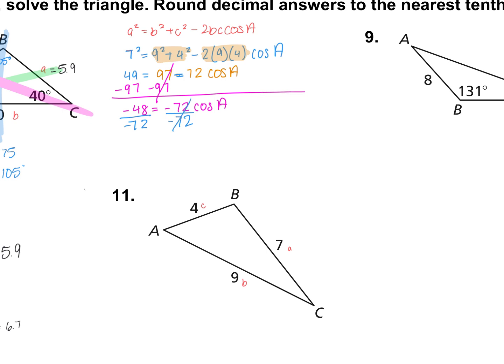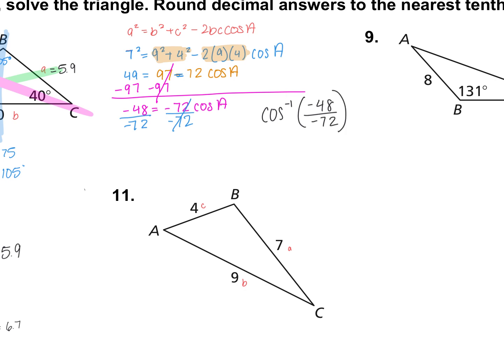And again, if I'm solving for my angle, I have to use the inverse. So what I'm plugging into my calculator is cosine to the negative 1. So you have to do second cosine, open parentheses, negative 48 over negative 72.